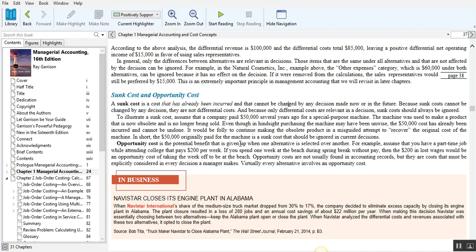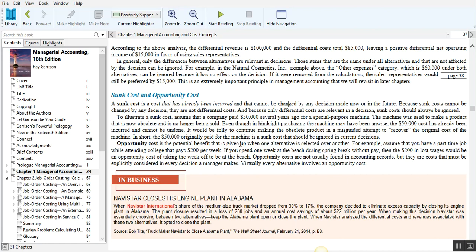The rent income that you give up to convert that into manufacturing space is an opportunity cost. So you say, okay, instead of renting this out for so much per year, instead I'm going to convert that into a manufacturing space.